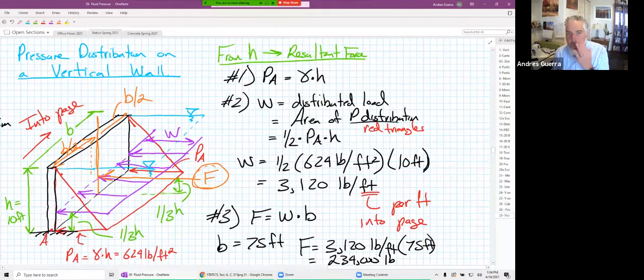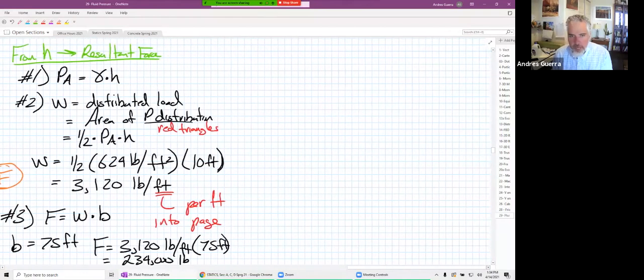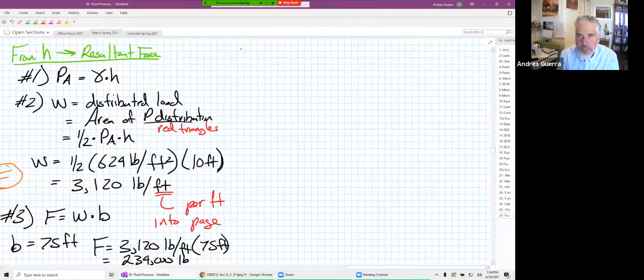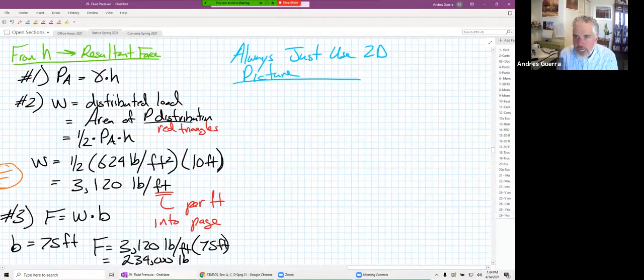Okay, but now you don't need to draw the 3-dimensional view every time. We can always just use a 2D picture because nothing is changing in that third dimension. So this is how we should draw that in the future.